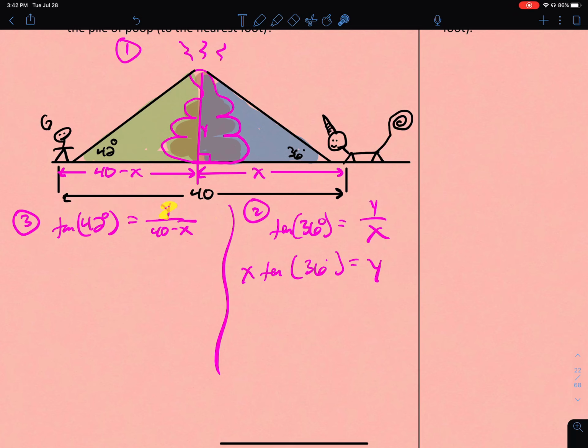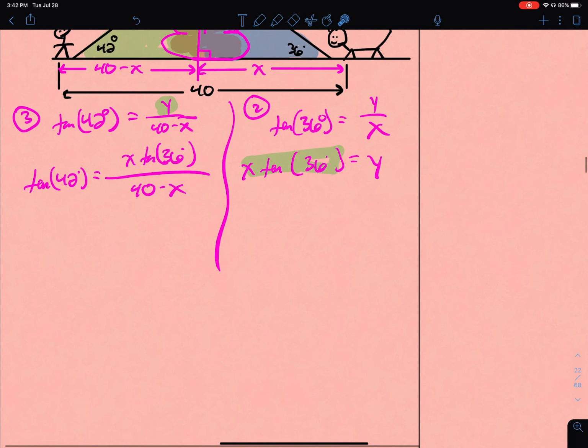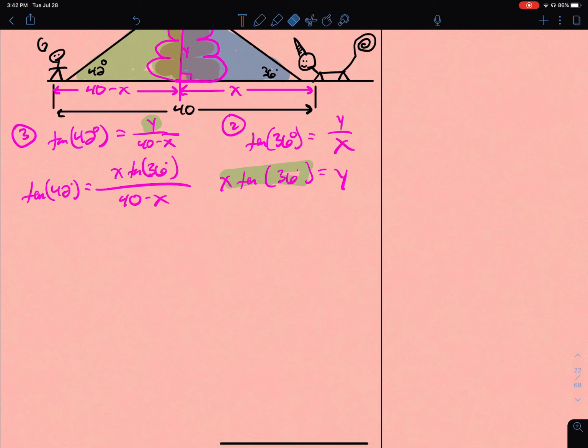I'm going to replace the y here with what it's equal to, which is x over tangent of 36. How's that helpful? Well, it's helpful because now I have one equation with one variable. Now we just have to solve this not so simple equation.